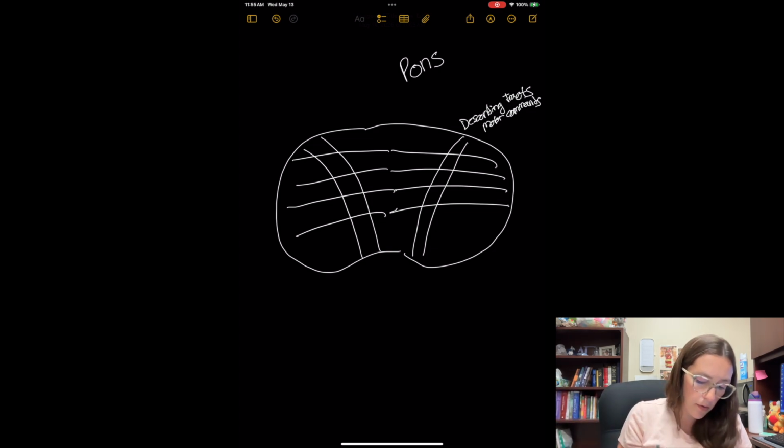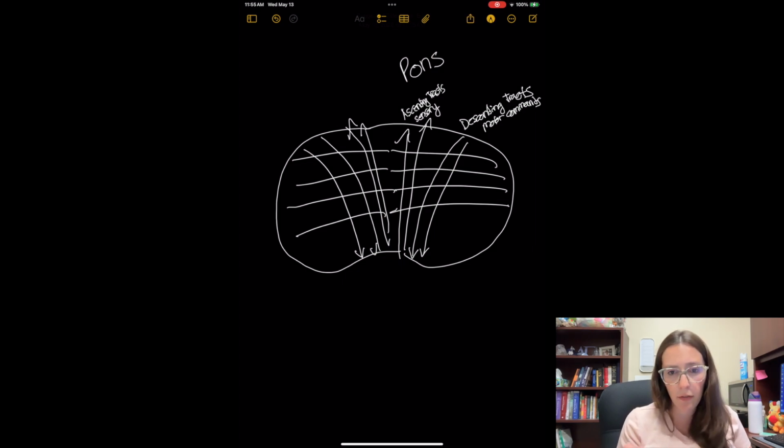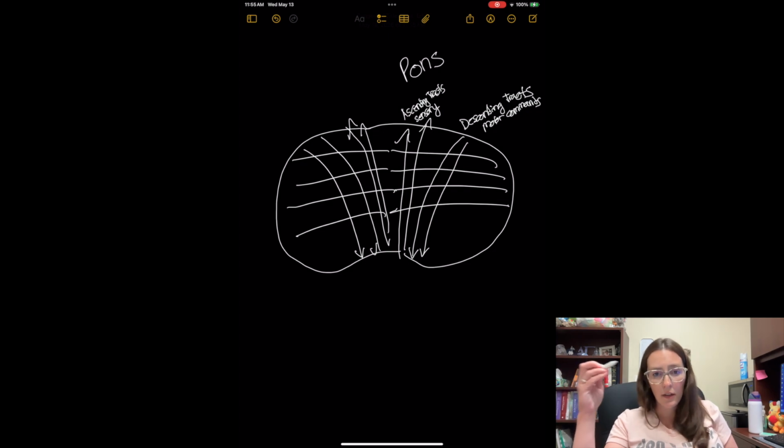We also have ascending tracts. These ascending tracts are going to be sending sensory information. And those are going to be going primarily from the brainstem. So these are not sensory things that are just from the pons.